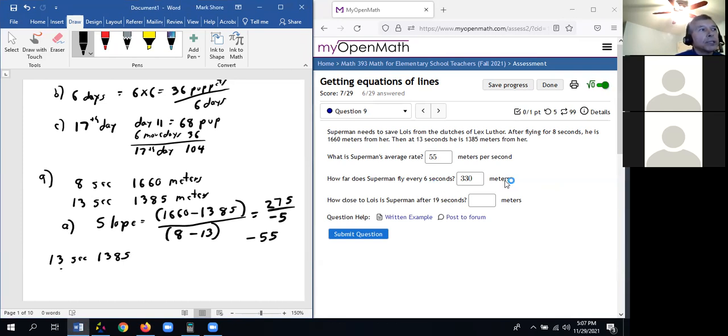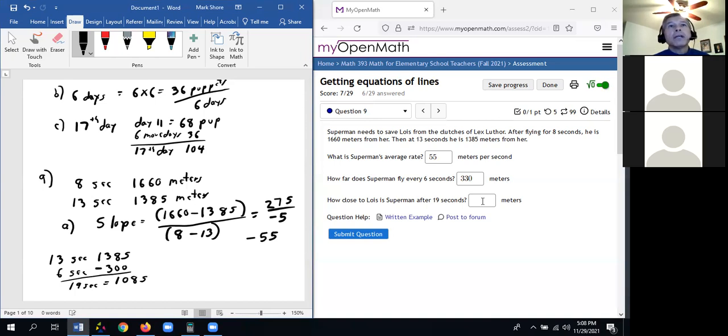So 6 seconds more, that distance is decreasing because he's getting closer. You have to know what's going on here. So that gives us a total of 19 seconds, but his distance has dropped down to 1,085 meters.